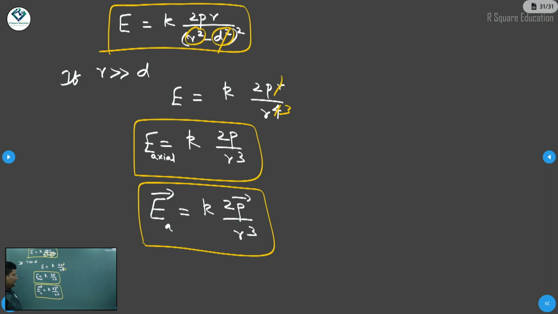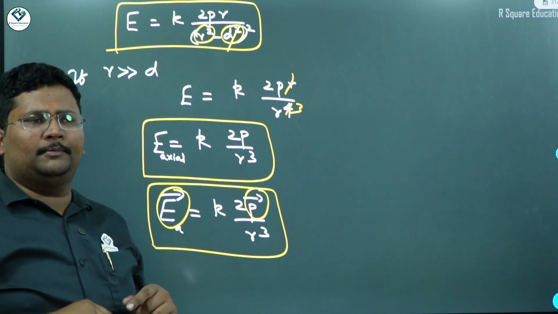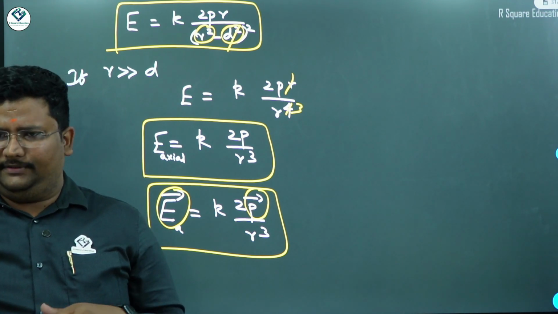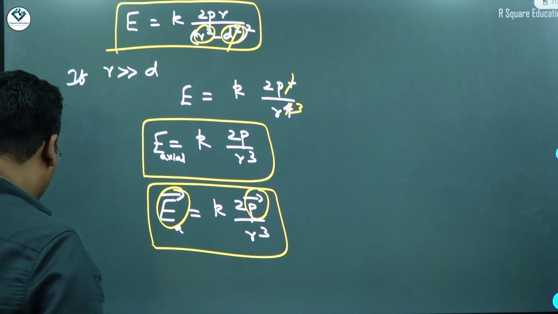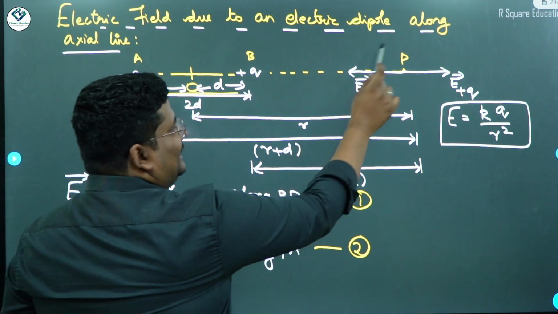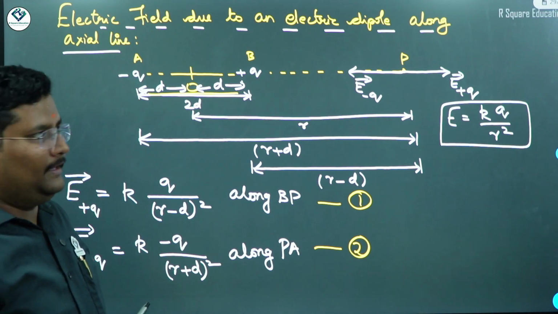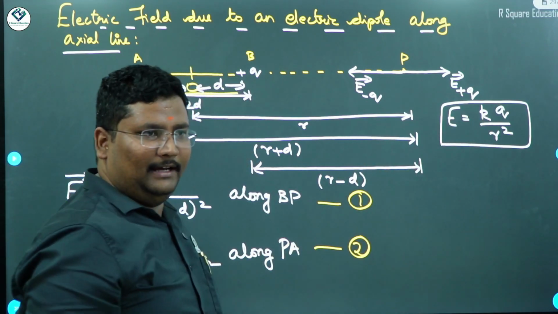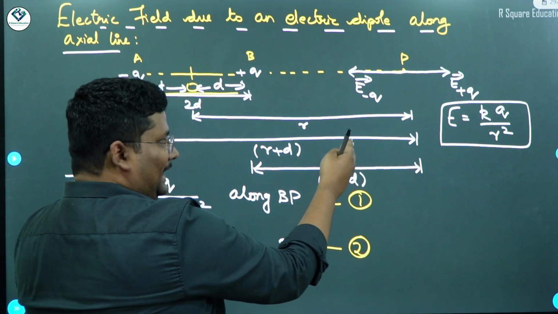Right? And see here, you have dipole moment, you have electric field, correct? So we saw that dipole moment will always be opposite to electric field, but in this case it will not be like that. Why? Because the final electric field will be in which direction? It will be along positive direction. Why? Because the distance of separation of the positive charge is very less compared with the negative charge, correct?